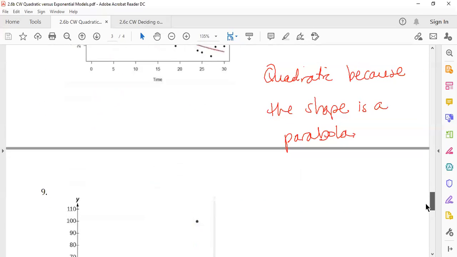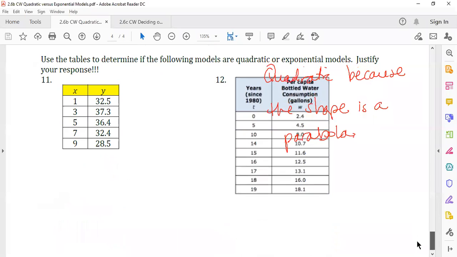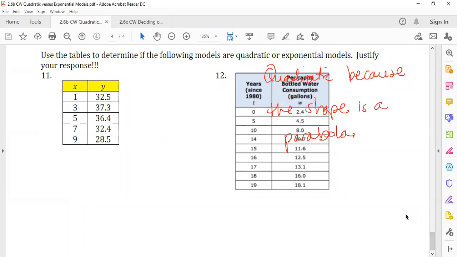And then when you get down to number 11 and 12, it says use the tables to determine if the following models are quadratic or exponential models. You don't need to get fancy here. You can literally look at the values. They're also not necessarily all moving in the same increments.